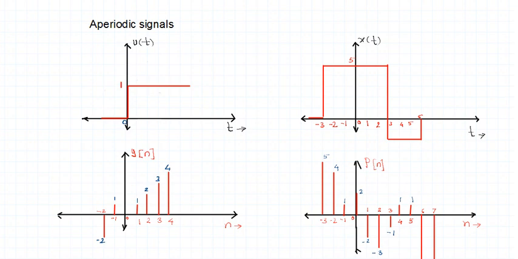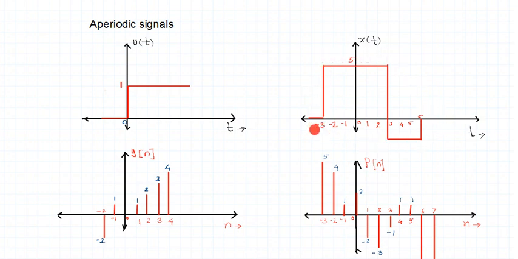Let us take one more example, a signal x(t), which is 0 up to -3, then it takes a magnitude of 5, remains 5 up to +3, after which the magnitude is negative and remains up to 6. After 6 the signal remains at 0. Do we observe any repetition in this particular signal?